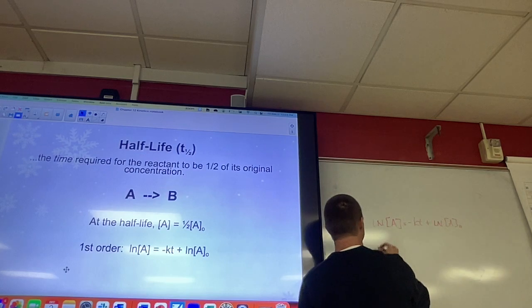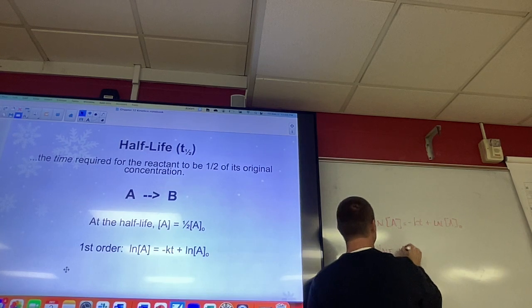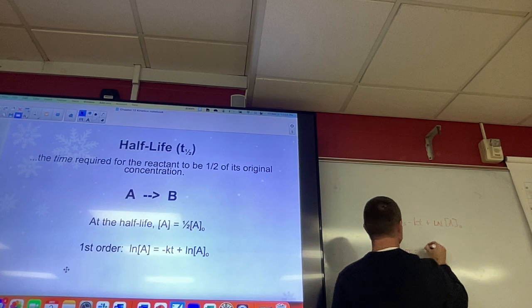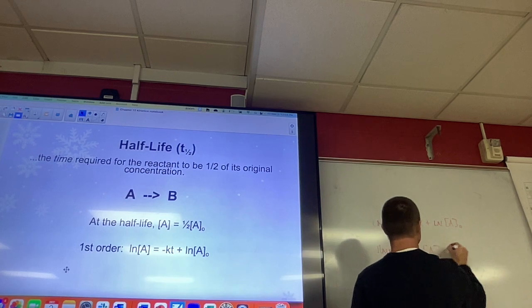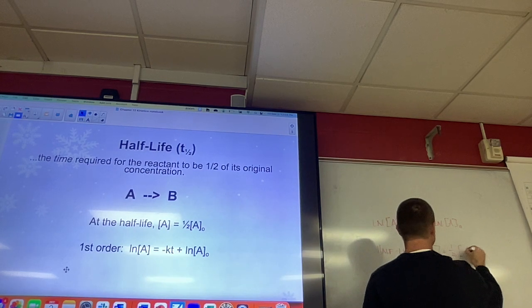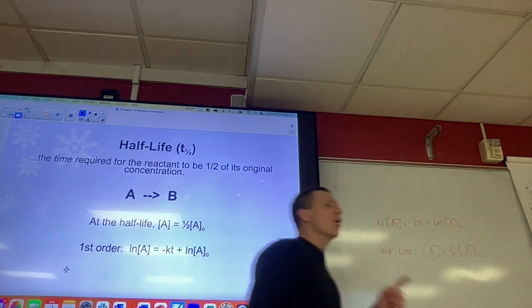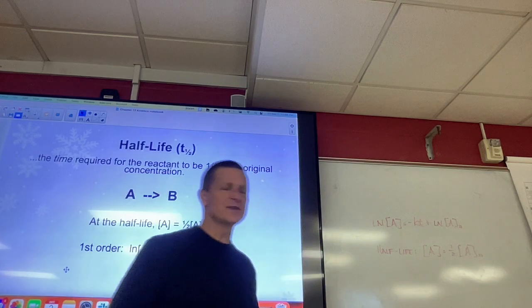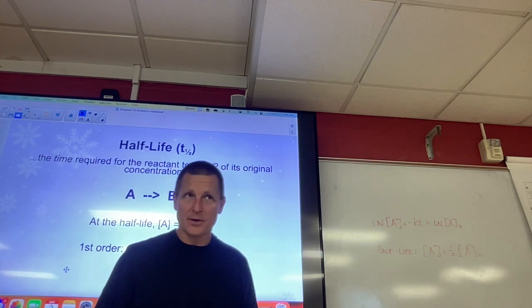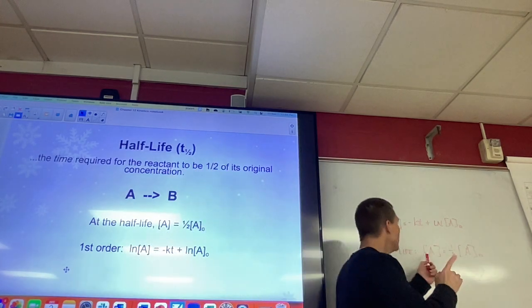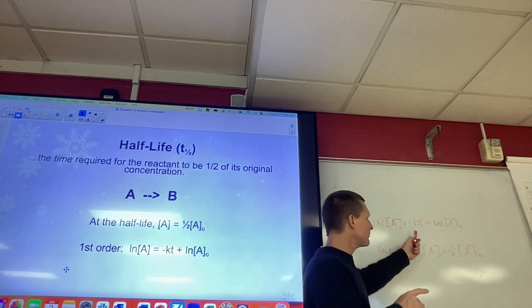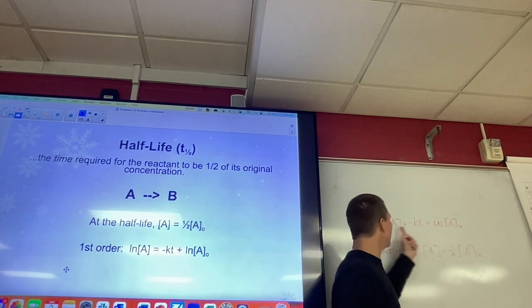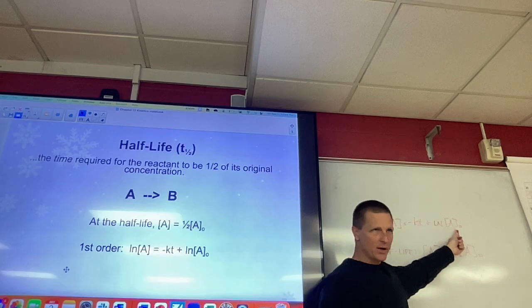Now, at the half-life, that means that the concentration of A is 1/2 of what it was originally. So, if I'm looking for what the half-life is, I'm going to use the equation to solve for the time. The half-life time would be when this number is half of what that was.